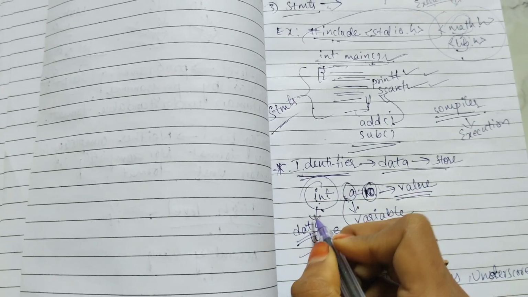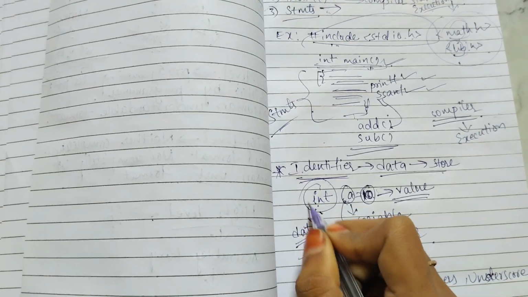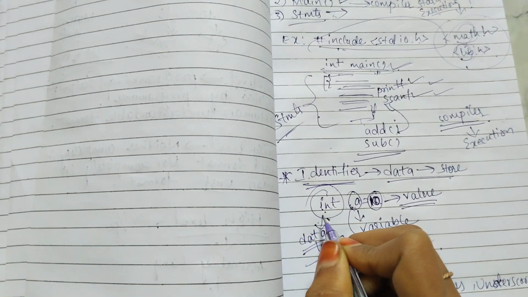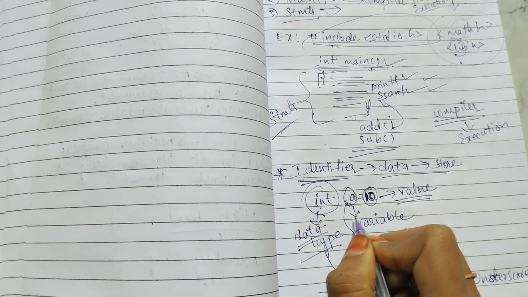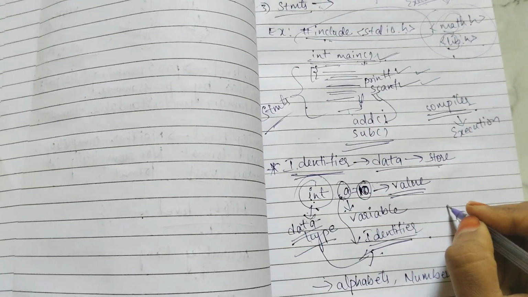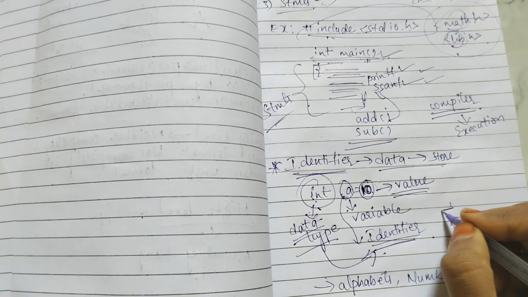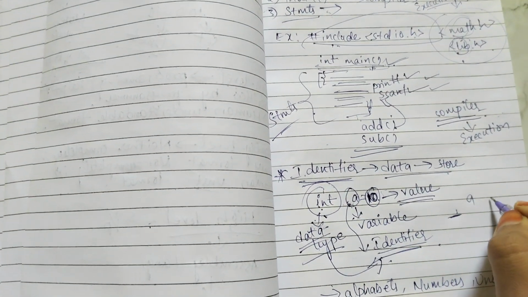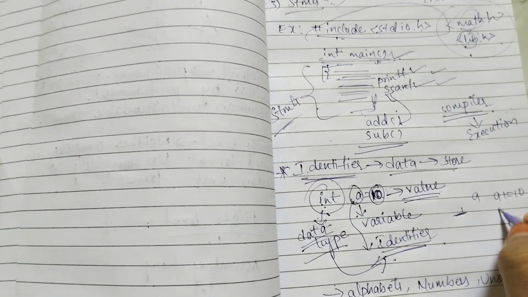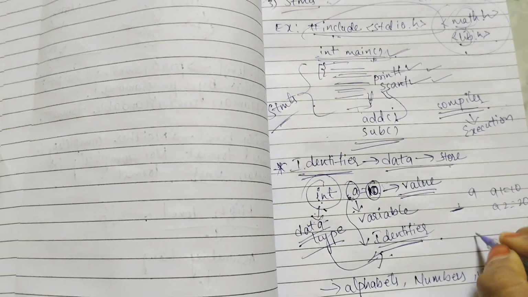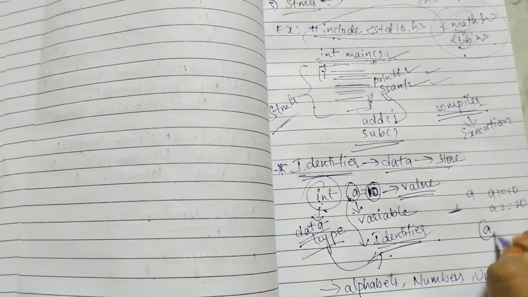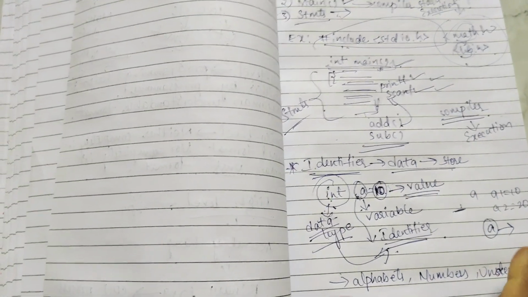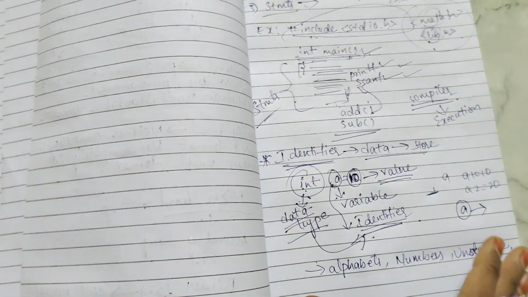I have already told you the inbuilt words like for, const, if, int. These keywords cannot be used as an identifier. It should not start with an underscore. Always the first character should be an alphabet, like a1 = 10, a2 = 20. You can take it like that, but the first character should be an alphabet only. Clear with the identifier? Let us move to one more interesting concept, that is data types.